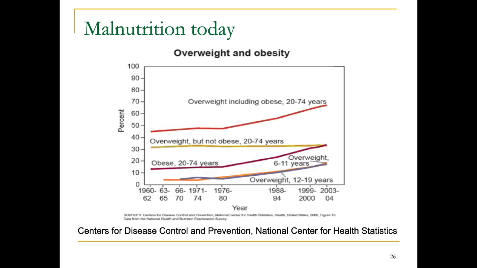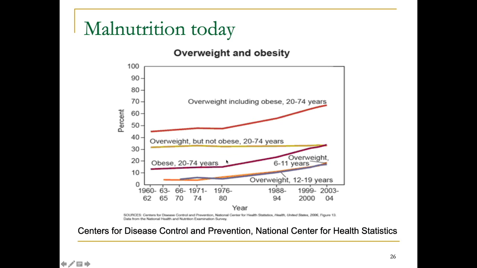In fact, if you look at a graph of obesity in the United States over the past 60 or 70 years, the level of people that are overweight and obese stayed relatively steady for a long time, starting in 1960.